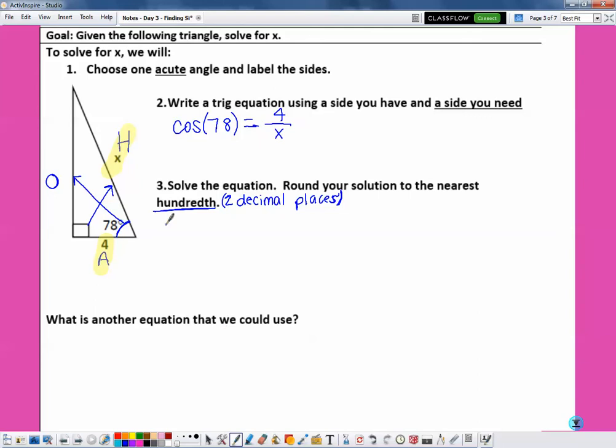So I'm going to copy down our equation. Cosine of 78 equals 4 over x. So we need to get x by itself, and let's get it out of the denominator. So I'm going to multiply both sides by x.